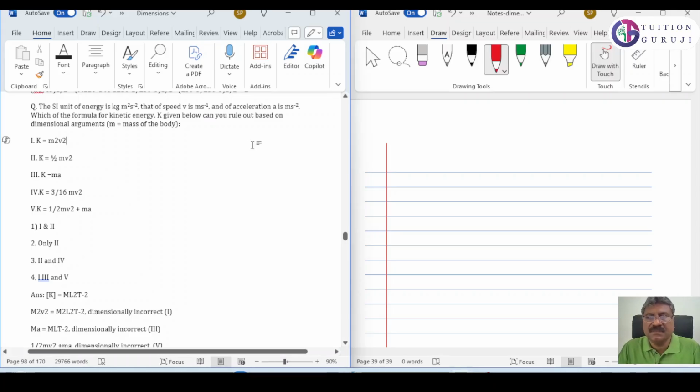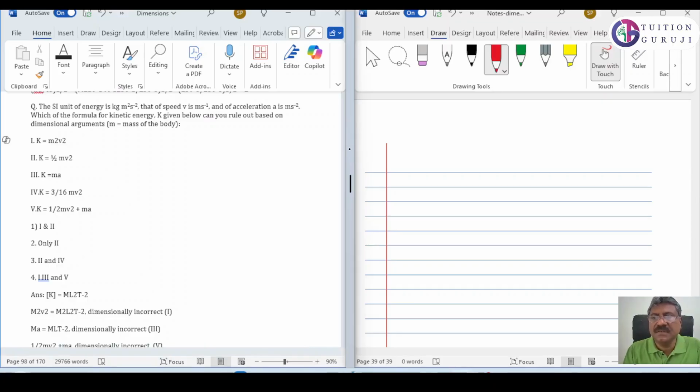Now, there are many ways of solving the problems. In this we can easily find out, because we know kinetic energy is half mv square, we know the formula. The constant has no dimensional value.